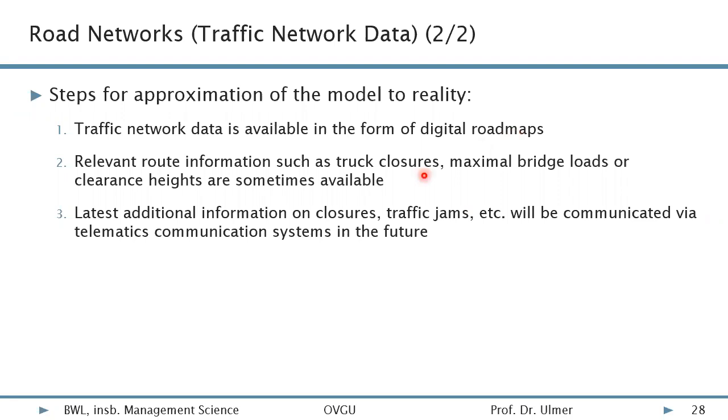But if you're a company, then you might need some additional information which you have to pay for, or which you get maybe if you're lucky from the government, like truck closures, maximum bridge loads, or clearance heights. If we look at Google Maps, we don't see that because our cars or bikes are usually not that high or not that heavy.